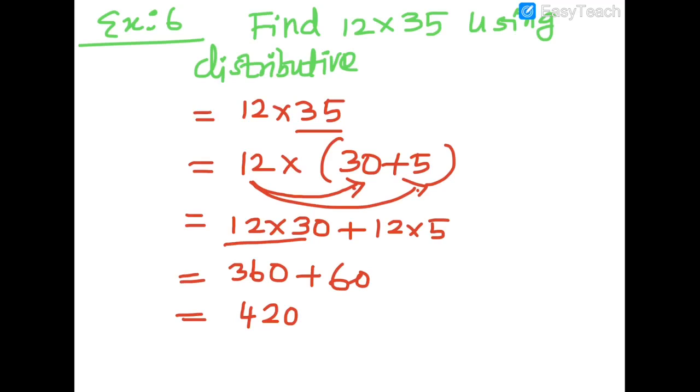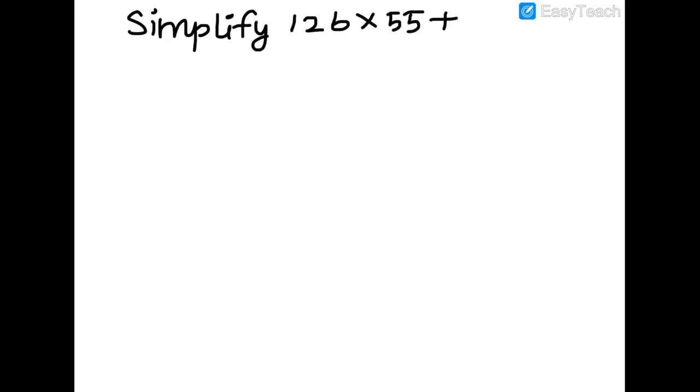So this is the kind of thing we have to do. And one more example they gave in your book, so just look at that. Simplify 126 into 55 plus 126 into 45.